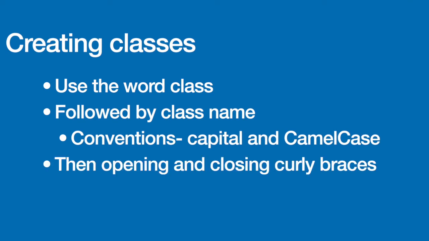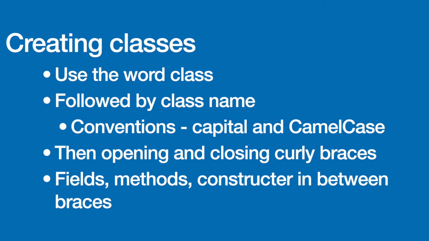for classes. And then we follow with opening and closing curly braces. Inside those curly braces, we define the fields or variables of a class, which define the characteristics of a class, and we also define methods.